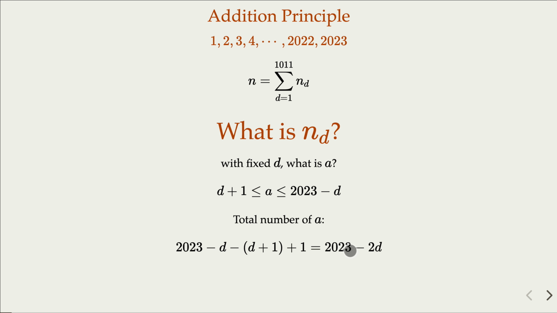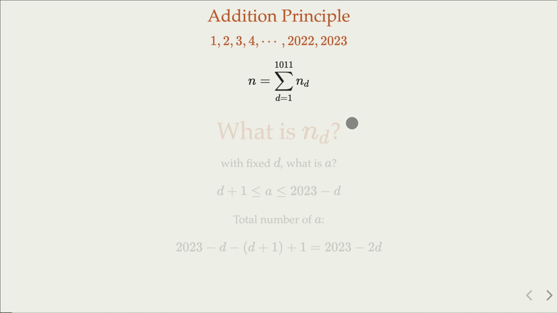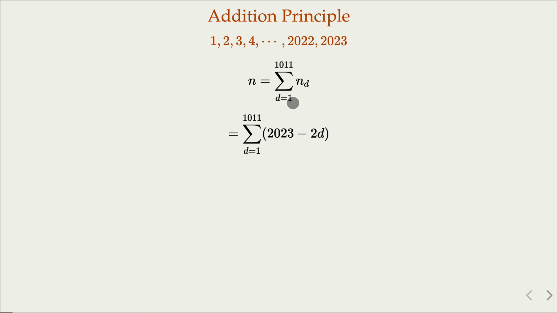That is exactly N sub d. To answer the original question, you just plug in this formula by the addition principle. So our answer is the summation from d equal 1 to 1011.